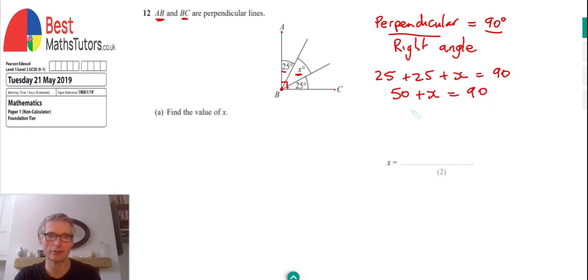I'm going to treat this in the same way as I did on the equations just before. I'm going to take away 50 from both sides, and we can see that the minus 50 and the positive 50 cancel. I'm just left with x is equal to 90 take 50, which is 40.